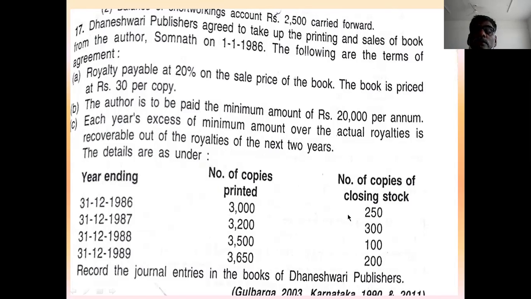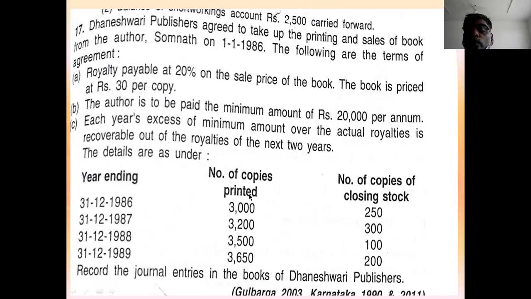Okay. You see this problem very carefully. In this problem, royalty is fixed on the sales, but sales is not given in the problem. Sale value, sale quantity is not given in the problem. Therefore, you have to calculate sale quantity before preparation of royalty chart.